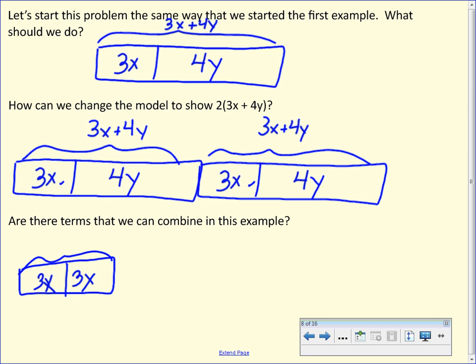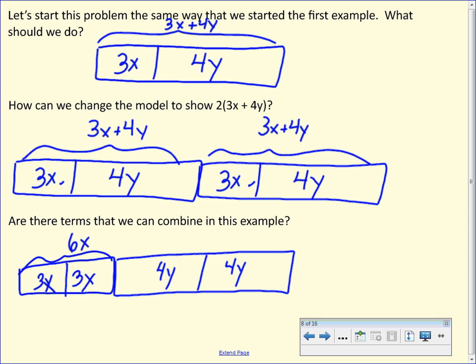How many x's do I have? I have 2 groups of 3, so I have 6 x's all together. I have 3 x's in that square and 3 x's in that square. Now, I can also combine my 4y and my 4y. If I have 4 y's here and 4 y's there, how many y's do I have all together? 8. Right. 8 y's.